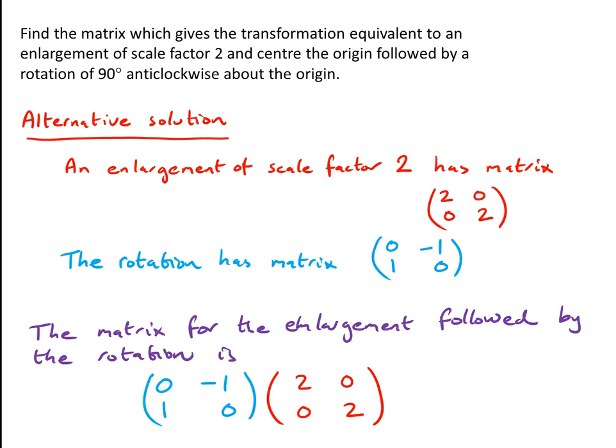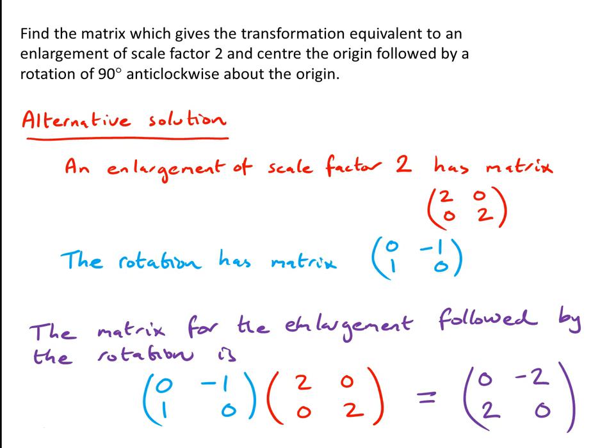And if we multiply this across, we've got 0 times 2 plus minus 1 times 0 as the top left-hand entry. So that is 0. We've then got 1 times 2 plus 0 times 0, which gives me 2 for the bottom left entry.